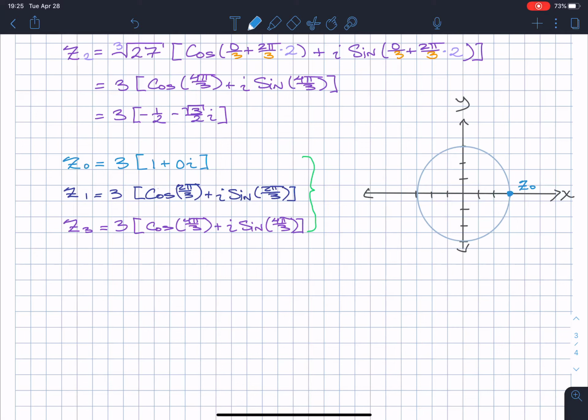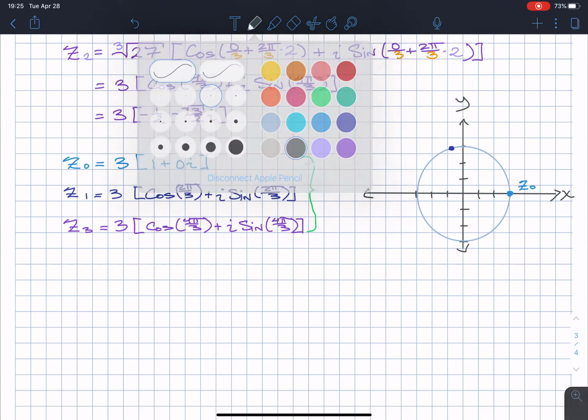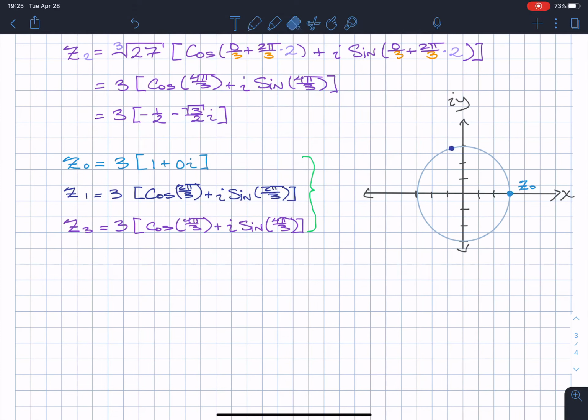Okay, my second root, z sub 1, was at 120 degrees. So negative 1/2. So it's about here-ish. Oh, sorry, this is the iy axis, rather. Not the y-axis, because we are in the complex plane.